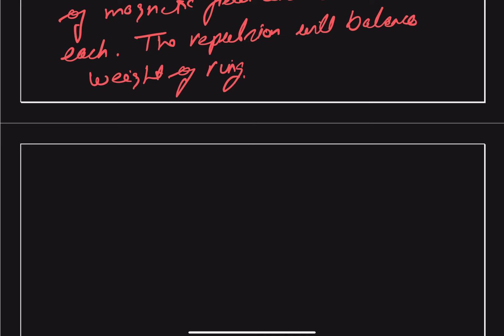We can represent this by an approximate diagram also. Let us suppose the ring is somewhere at the bottom like this, and the magnetic field lines will be moving in this direction.